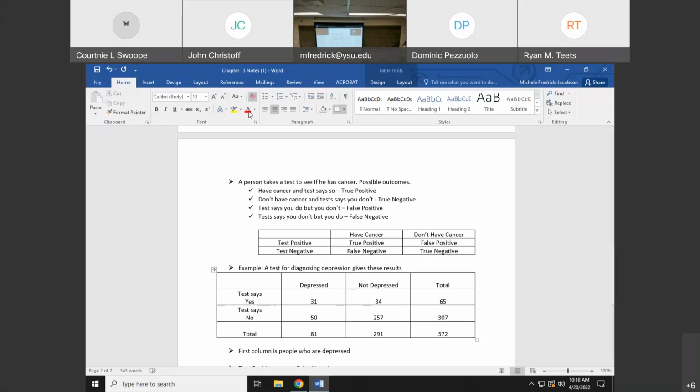So this would be your, I'm going to just use TP for true positive. This would be your false positive. False negative.